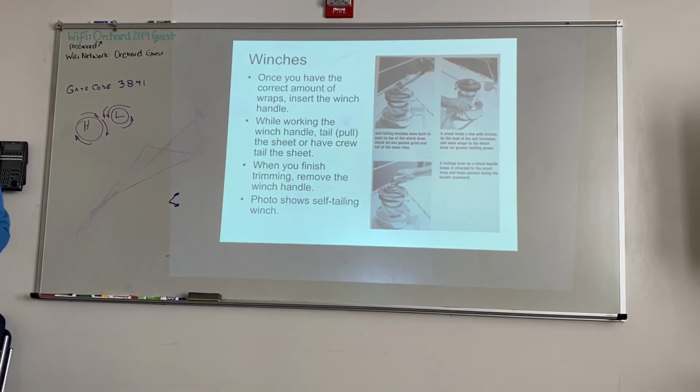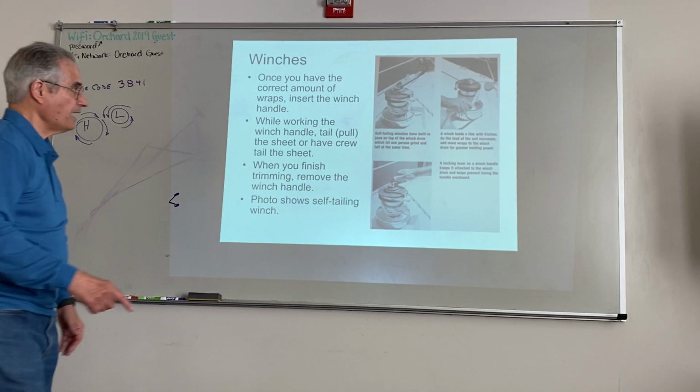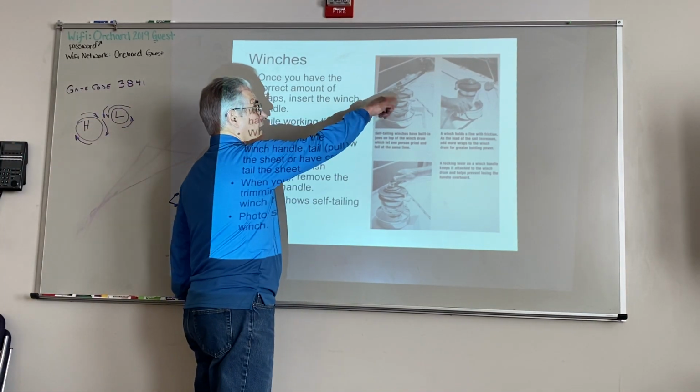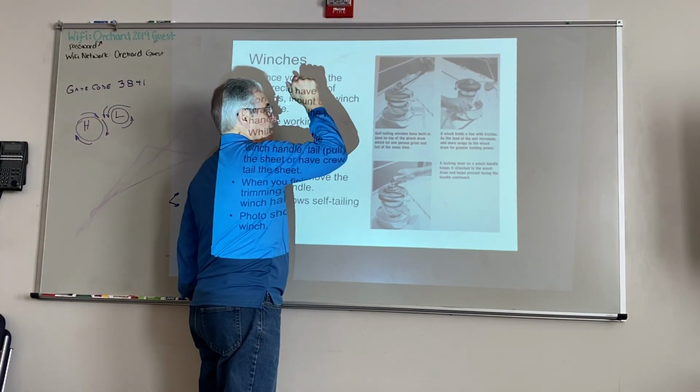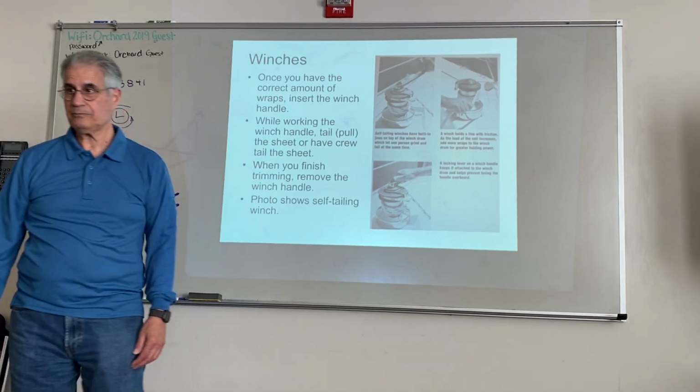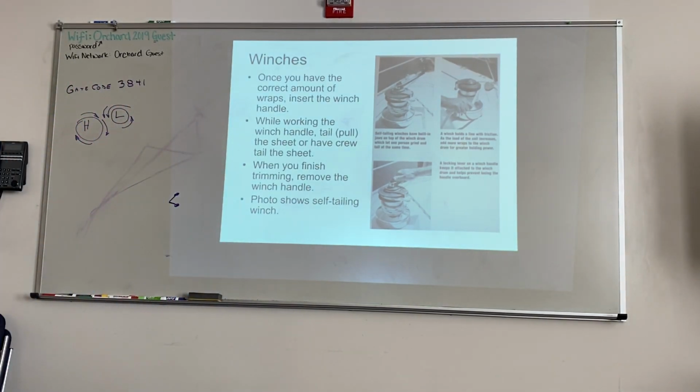Typically, without self-tailing, you would need somebody to hold the end of the line and put a little stress on it, so that when you're cranking, it helps you get more leverage. With the self-tailing, you don't need that, but after you put your 3 wraps around, you go up and into the self-tailer. It basically pinches the line.